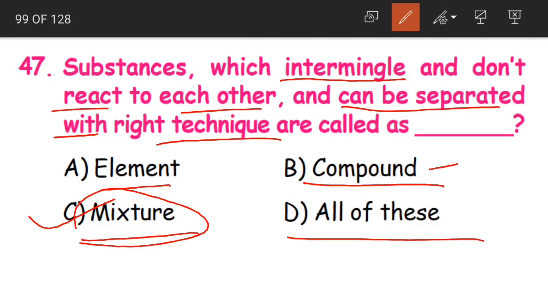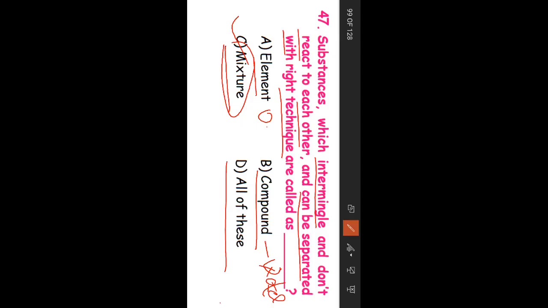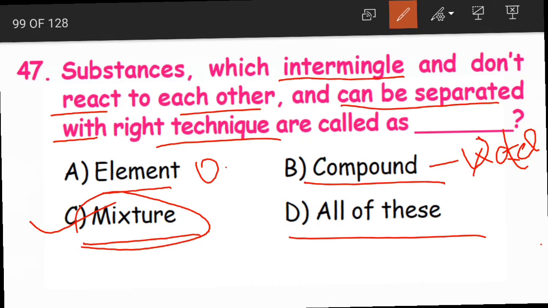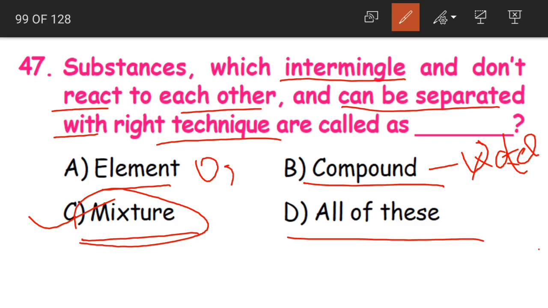See, this is water, so I'll just write water here. Compound is water. Then element is oxygen. I'll write O2. Okay, just a minute, children. Element is O2. Okay, like mixture, as I said, like salad, no, even the mixture what we eat as snacks. And this is the mixture.